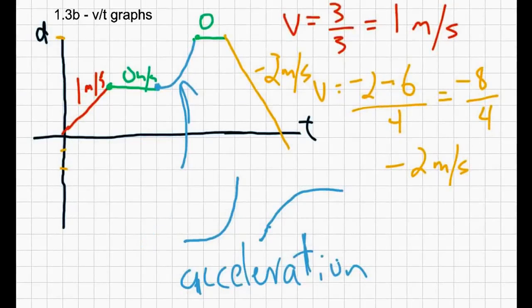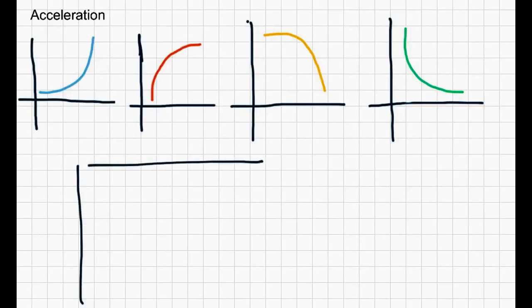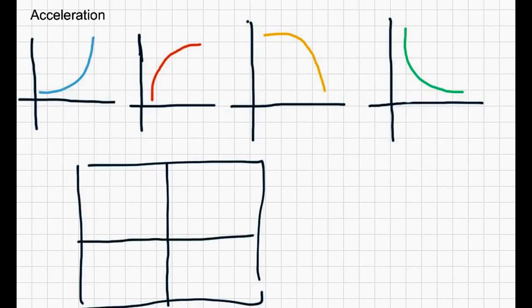And what I want to do next is just quickly go through the acceleration curves. There's 4 different scenarios. So the ones that we just looked at, so this first one was our speed. We were speeding up and going in a positive direction. So a good way to do this is to look at a little chart.